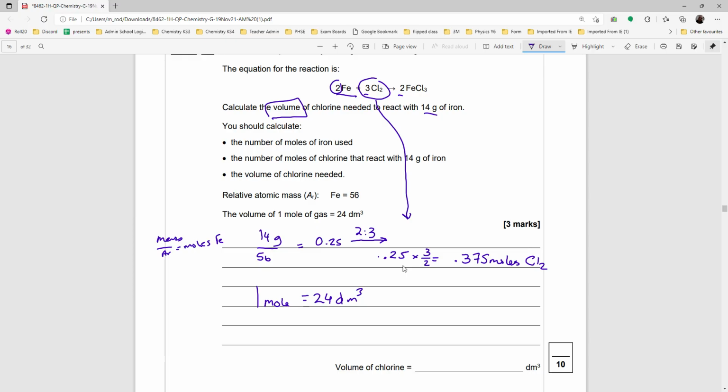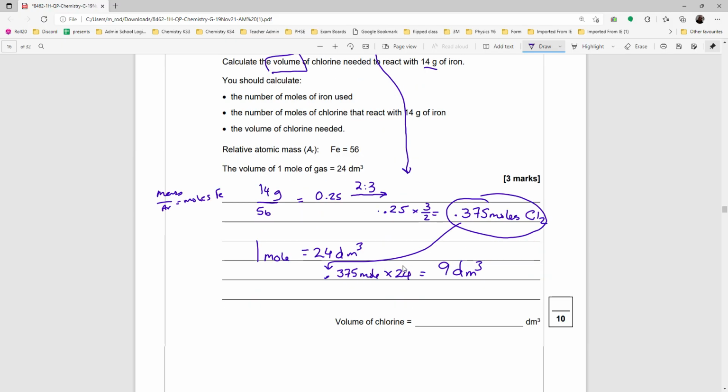So I just need to now take that 0.375 moles. I'm going to multiply it by 24, and that should give me 9 decimeters cubed. There are easier ways to do that, but I just went the very long way.